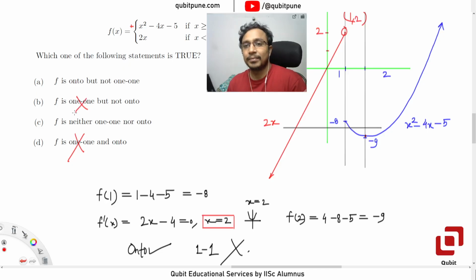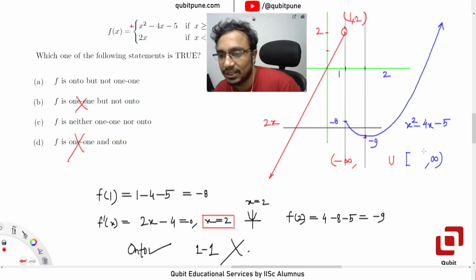B. Okay, but again you realize that ये जा रहा है -∞ को, ये जा रहा है +∞ को, और इनका जो गैप है, although this is a discontinuous function, but still this is covering everything from -9 to +∞, the blue part. Right, the blue part is covering everything from -9 to infinity, and the red part is covering everything from -∞ to 2. Oh wait a second, sorry, my bad.